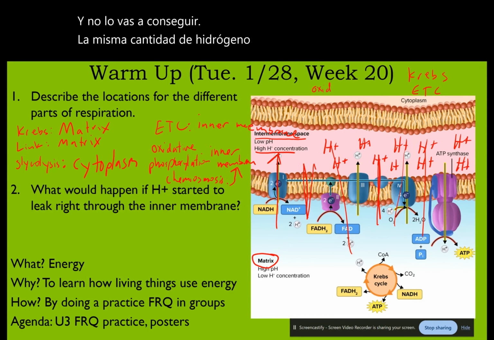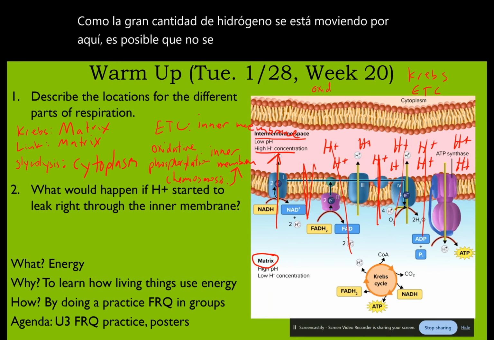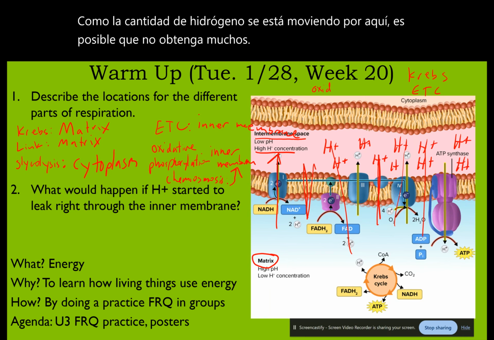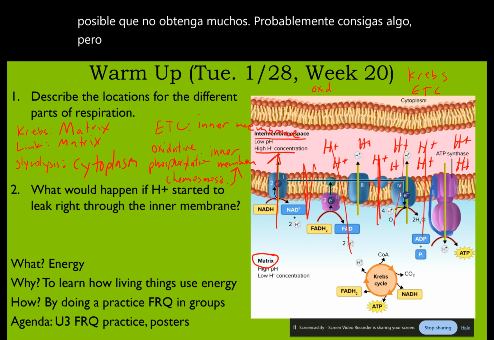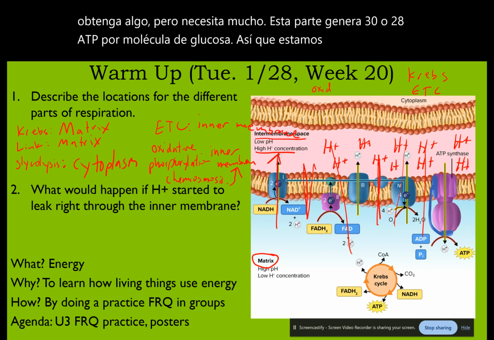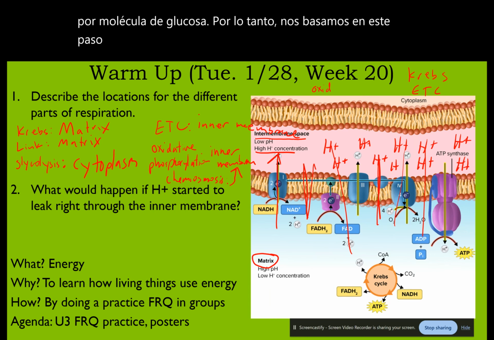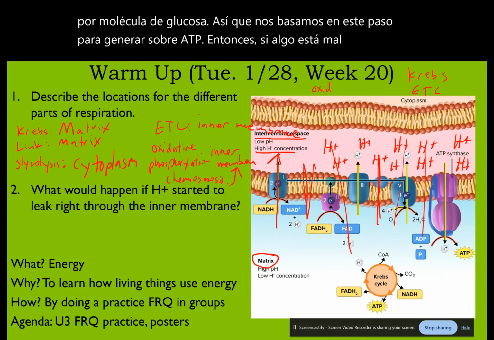You might not get very many at all. You probably get some, but you need a lot. This part generates 30 or 28 ATP per glucose molecule, so we're relying on this step to generate a lot of ATP. So if something's wrong with that membrane, Annabelle, you're going to have problems.